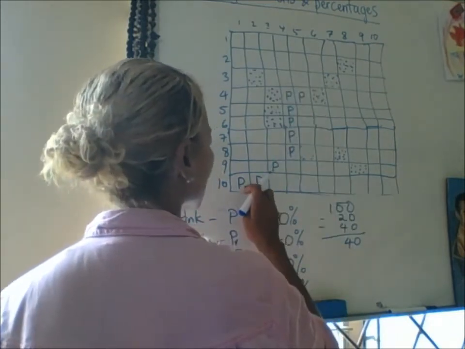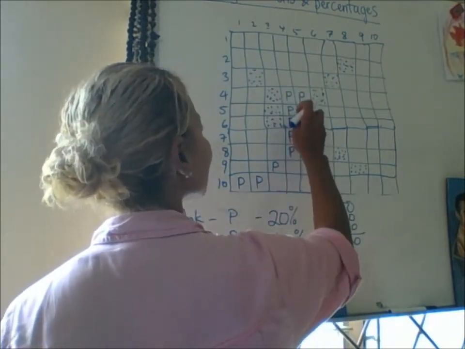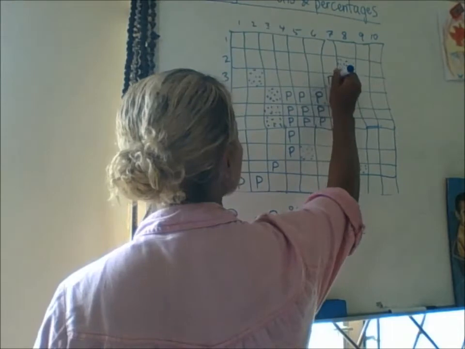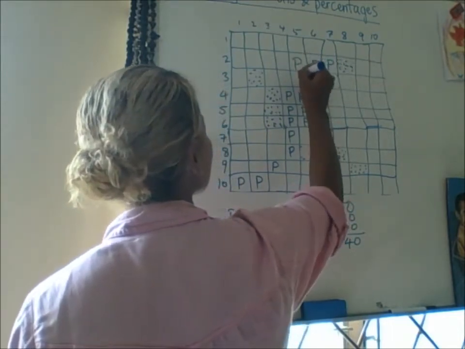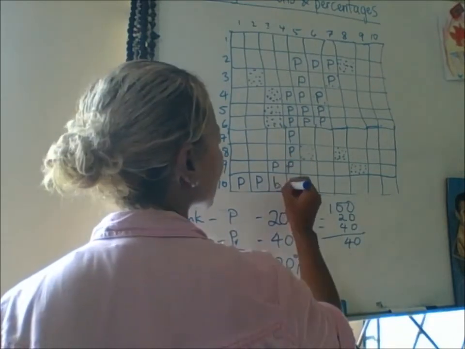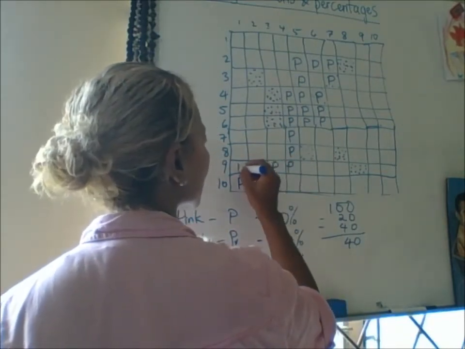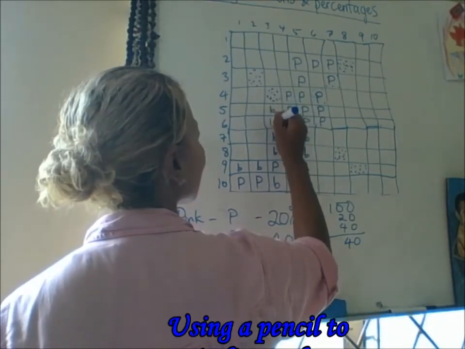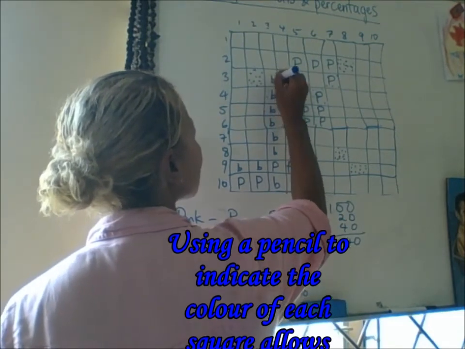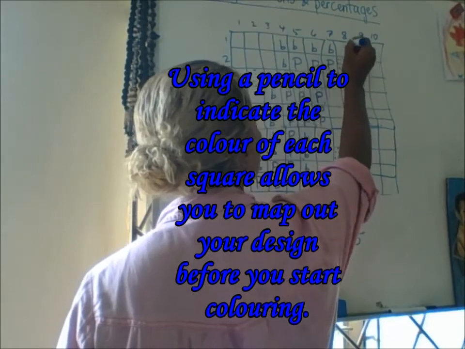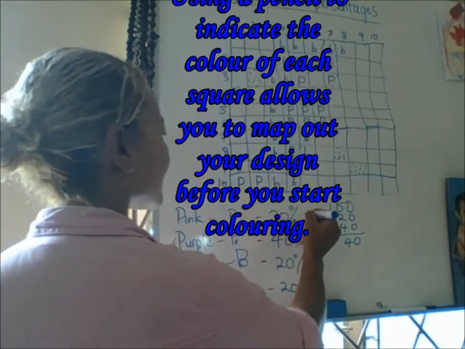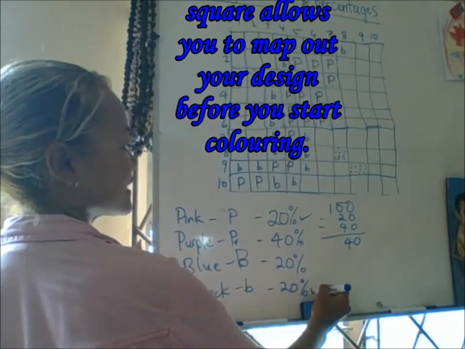How many have I got? 1, 2, 3, 4, 5, 6, 7, 8, 9, 15, 16, 17, 18, 19, 20. So I've got this one done, this one done.